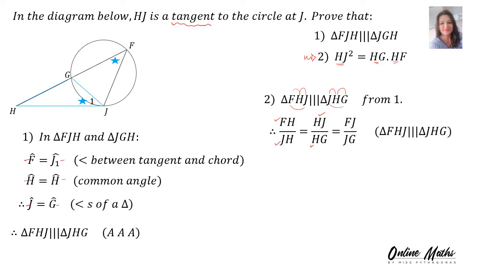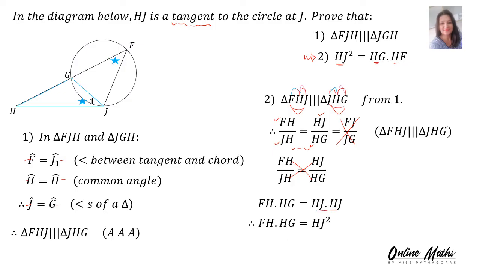So we will use the 2 there. Now we can say that when we cross multiply, we end with FH times HG is equal to HJ times HJ, and this times that will be HJ squared.